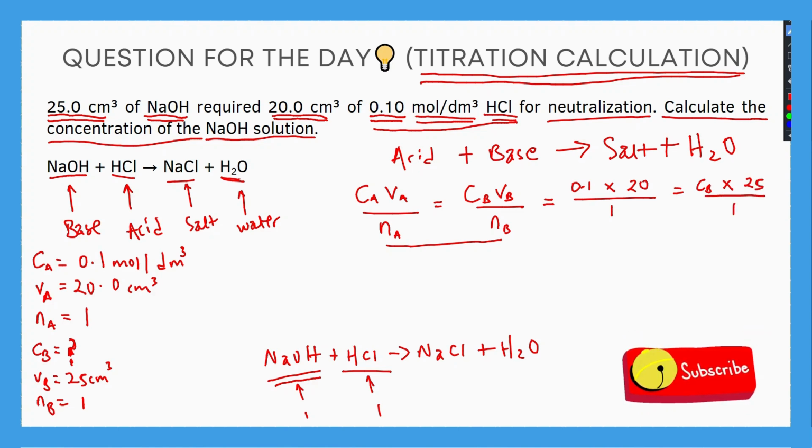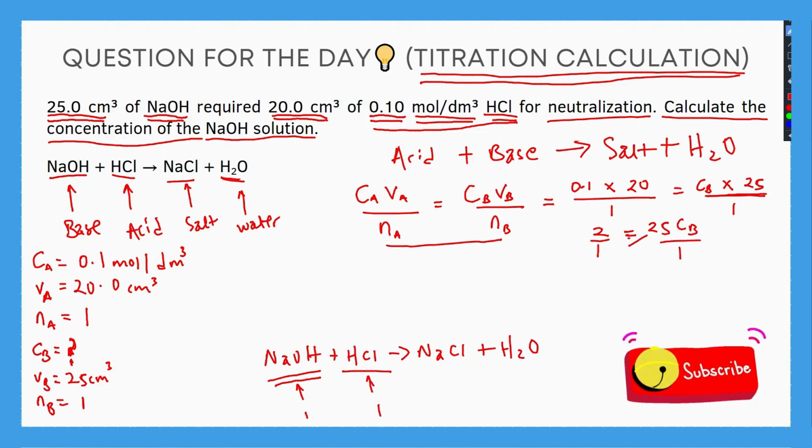So let's go ahead and do a bit of math and calculate every detail that we have in the formula right here. So for the first step, we have 0.1 times 20. 0.1 times 20 gives us 2. So we have 2 over 1 is equal to Cb multiplied by 25 gives us 25 Cb. This is divided by 1.